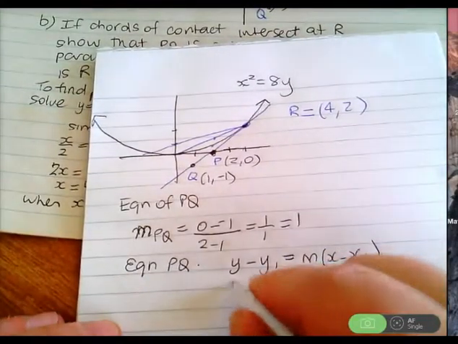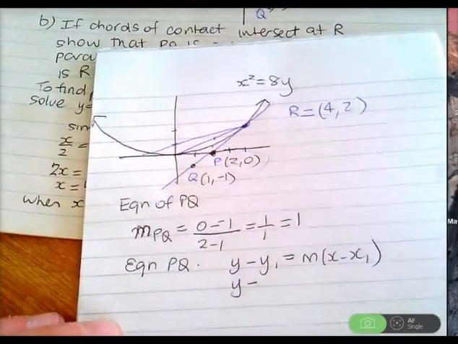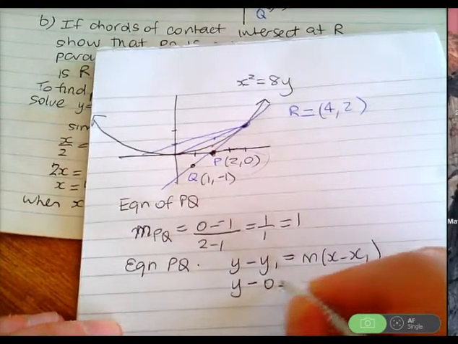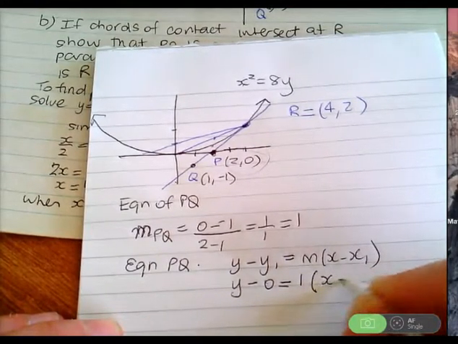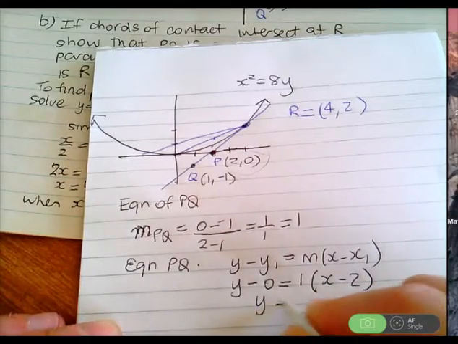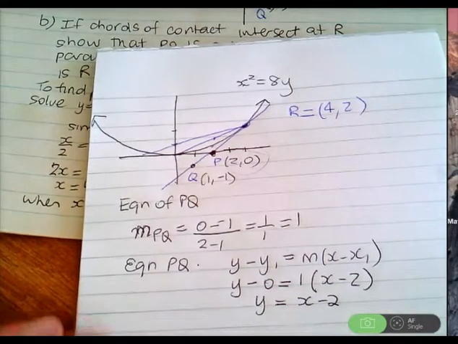Equation of PQ is y minus, let's use the point 2, 0. Y minus 0 equals 1, x minus 2, y equals x minus 2.